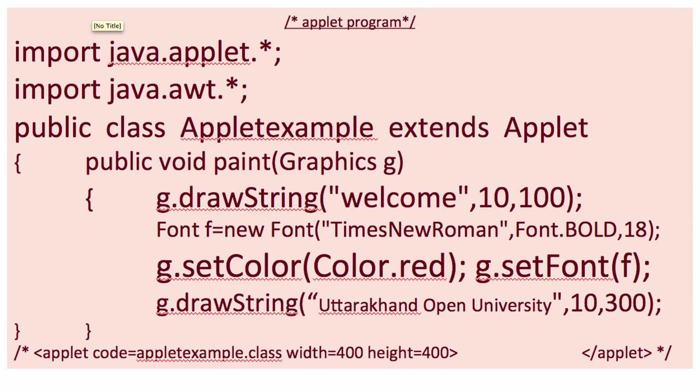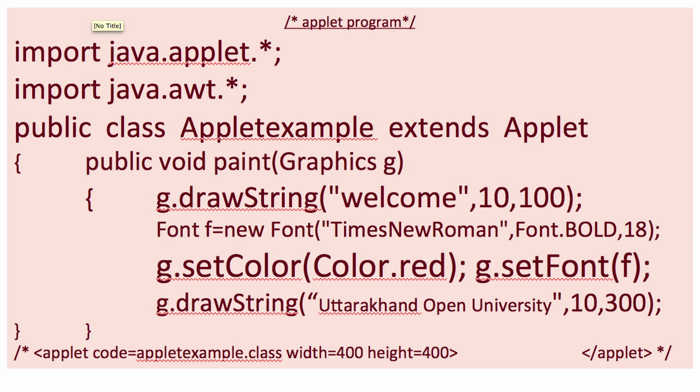Here g is the object, and you can see in the line above, public void paint(Graphics g), g is an argument here. So g is the object of the argument, and by g.setColor we are setting the color. So when we use g.drawString, then this color will be applied.